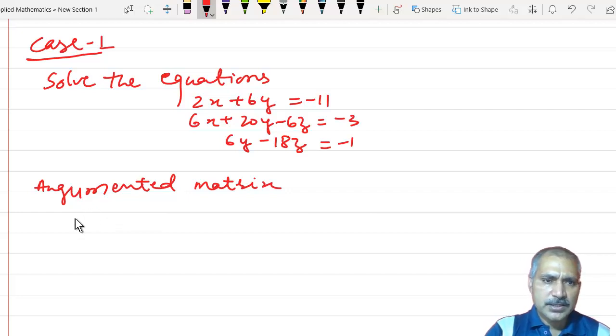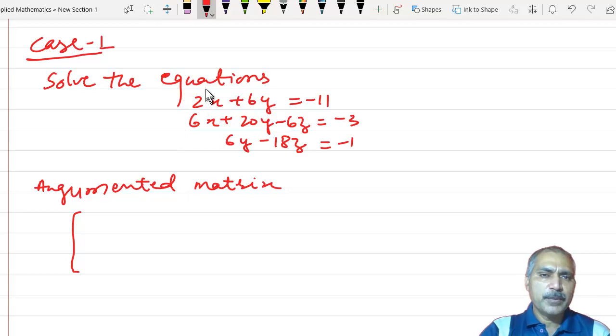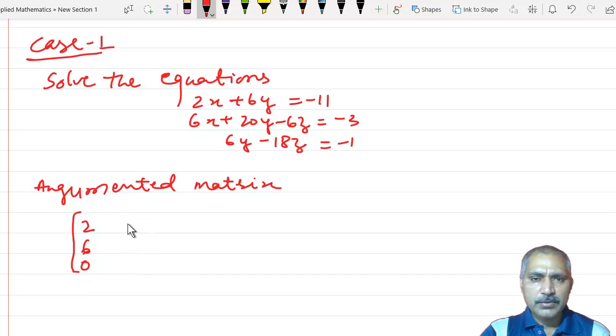Now let us see what is going to be the augmented matrix. Now we will be taking the first equation, the x coefficient 2, 6. In third equation x is not given, that means its corresponding coefficient is 0. Now we will be doing the second one, that is y variable. The first equation here, this is y, so 6, 20 and 6.